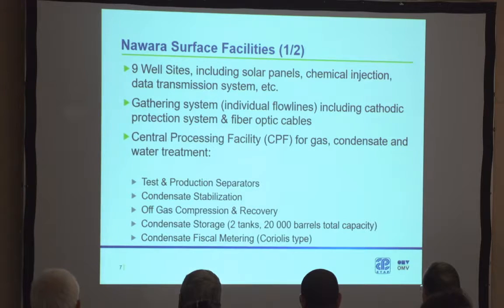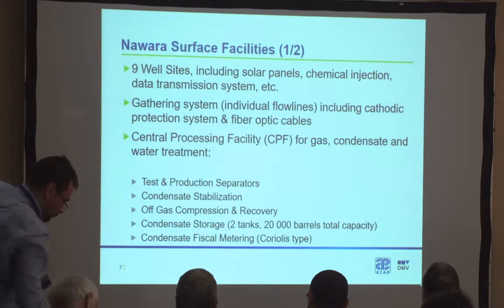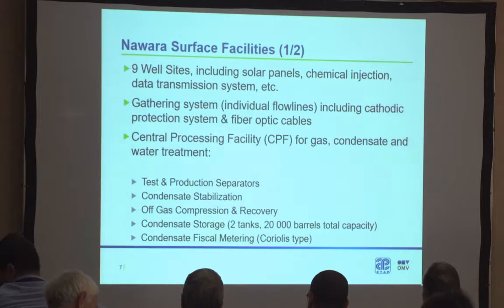We have off-gas compressors to recover the flashed gas from the treatment of the stabilization of the condensate. And we have storage tanks, 2 storage tanks of a total capacity of 20,000 barrels. This is for the final storage of the condensate before export to Trabza pipeline.